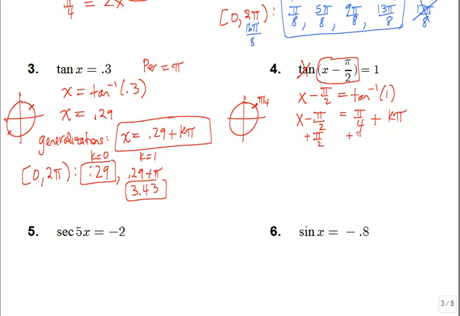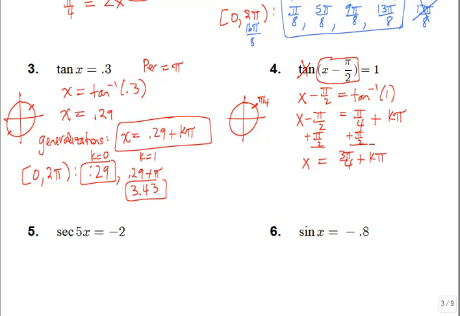And I'm going to add it to the constant pi over 4 that's in front there. So this will give me x by itself. What's pi over 4 plus pi over 2? Well, pi over 2 is like 2 pi over 4, so 2 pi over 4 plus pi over 4 is 3 pi over 4.